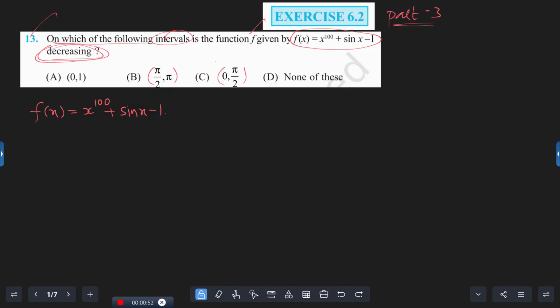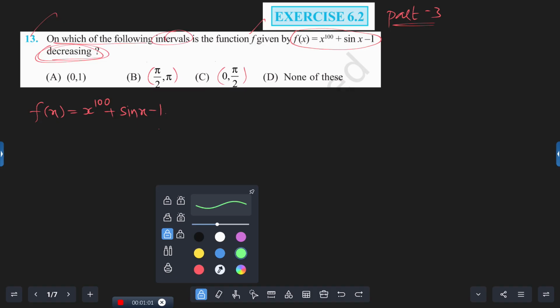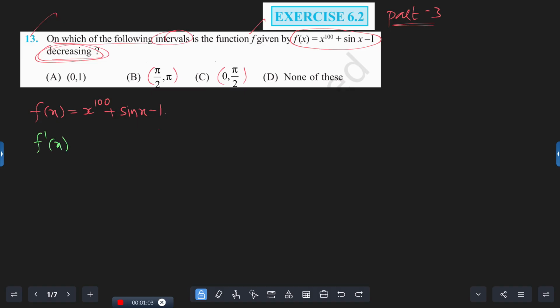Children, I told you, if you see the word decreasing or increasing in the question, we have to differentiate. So differentiate this: f dash of x is equal to, when you differentiate x power 100, you will get 100 into x power 99, which means 100 minus 1.